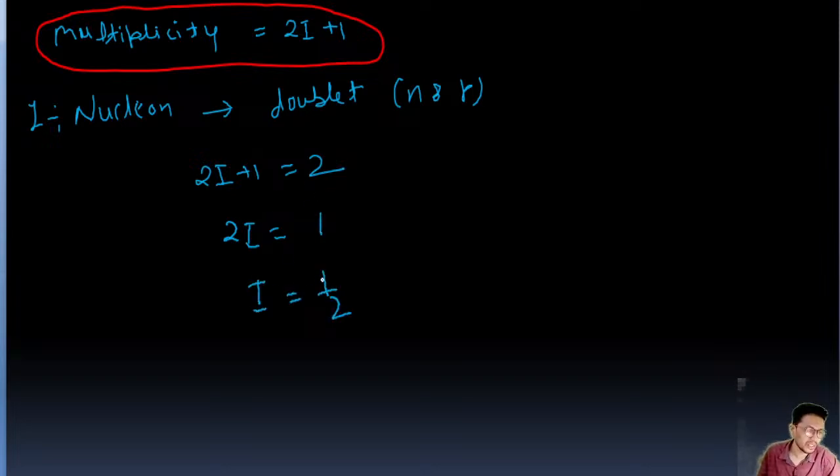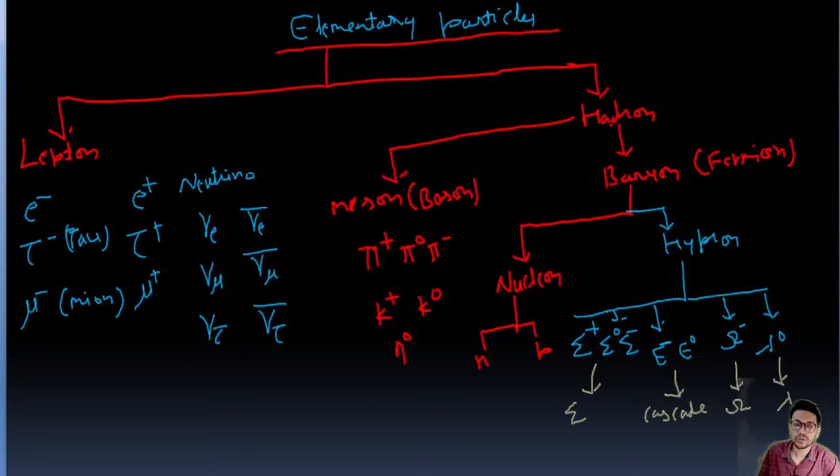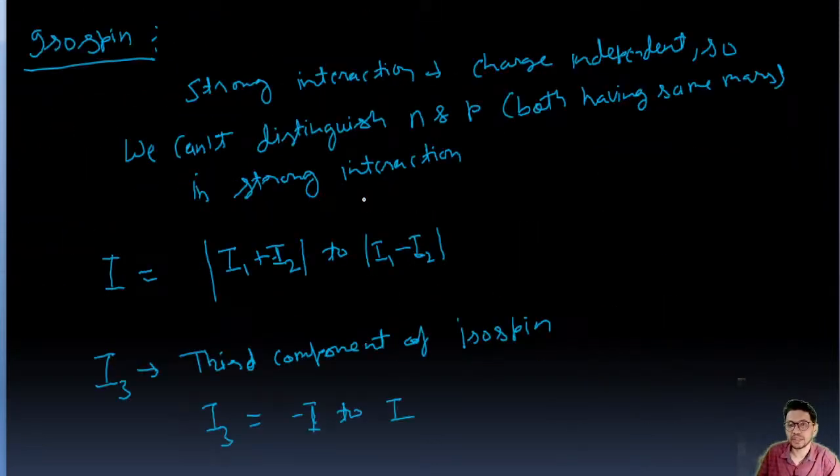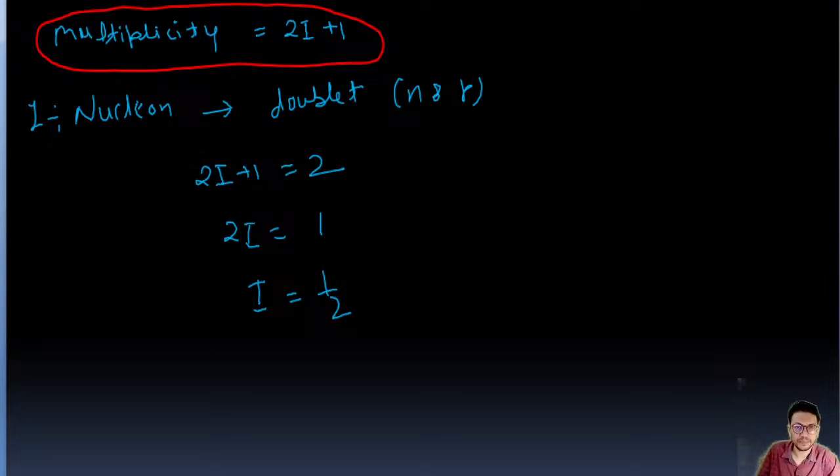Because they have the same mass, we can't distinguish them, so isospin is the same: I is half.